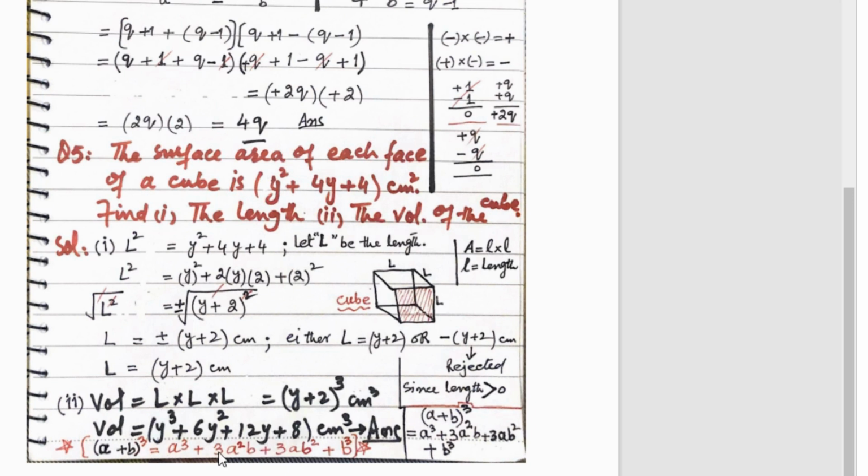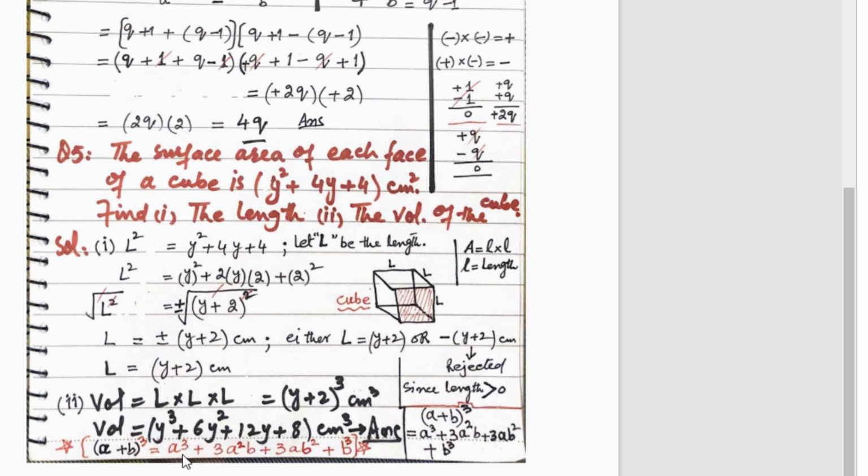Why? Because when we multiply 3 with a square, what is a here? Our a is y and our b is 2. So when 3 is multiplied with 2, we get 6, and a square is y square. So 6y square is over here.